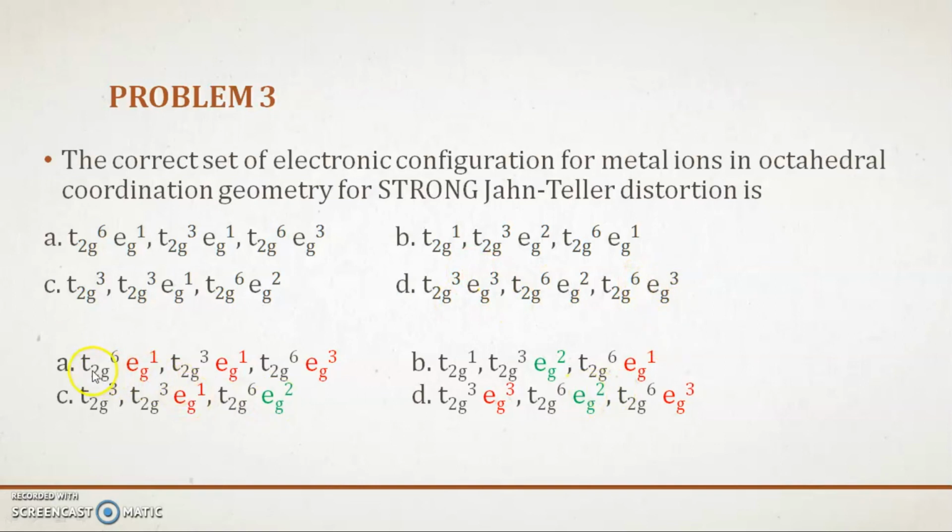Which means that in A only, you have all three unsymmetrical Eg configurations, whereas in B, C and D we also have symmetrical configurations of our Eg orbitals. So the answer is going to be only A. So like this we can quickly arrive at the answer regarding the Jahn-Teller distortion based on the unsymmetrical occupation of electrons in Eg.